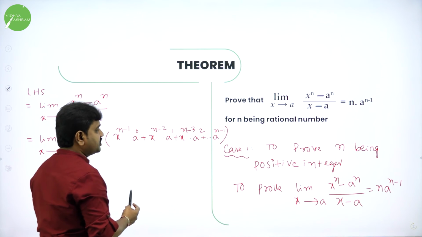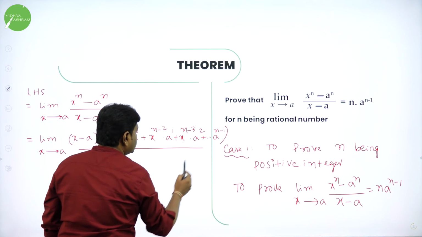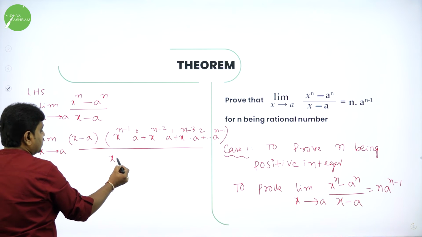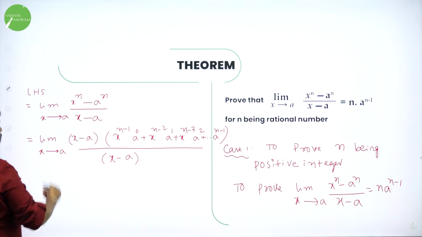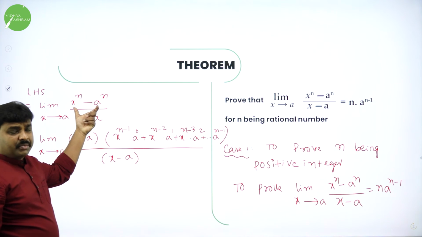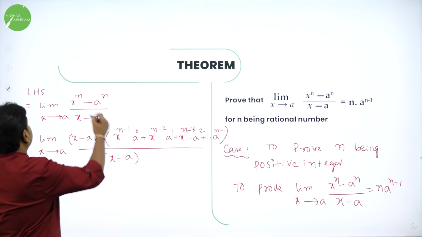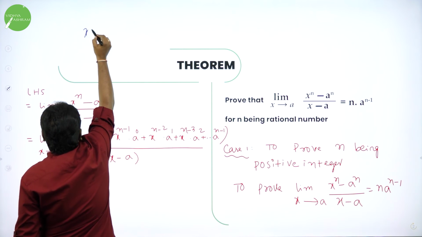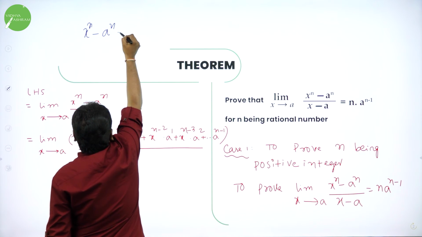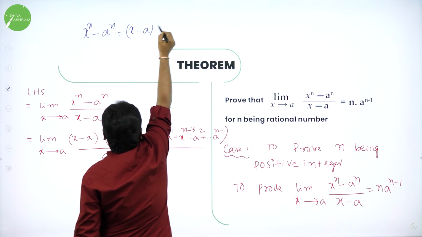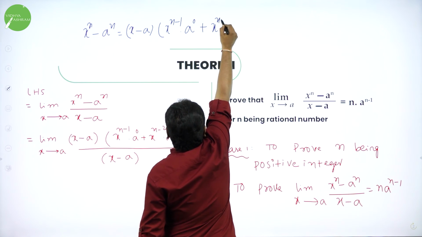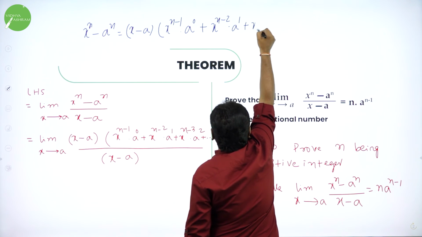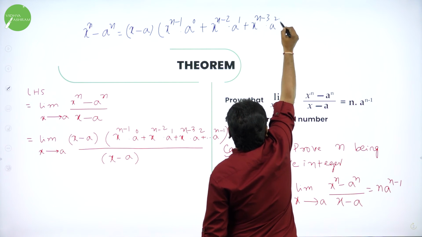This is the binomial expansion, divided by the denominator, which will not change. What is the denominator? x minus a. Now observe carefully, I have factorized this. I am using the binomial theorem. So please understand, using the binomial theorem, x power n minus a power n can be written as x minus a into x power n minus 1, a power 0, then we will have n minus 2, a power 1, then we will have n minus 3, a square, and it goes on.